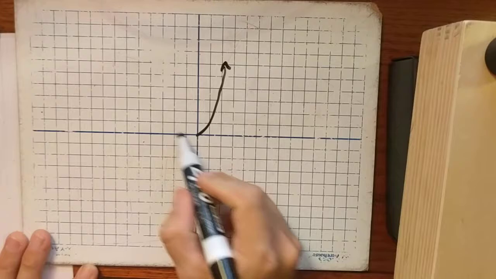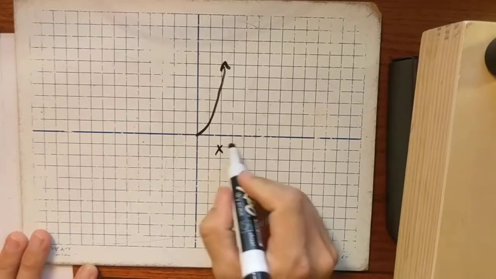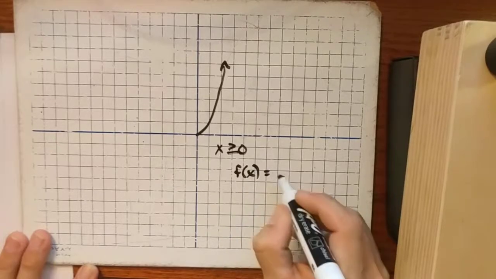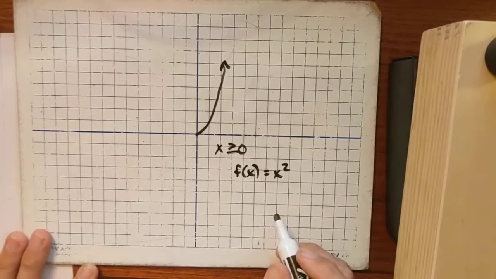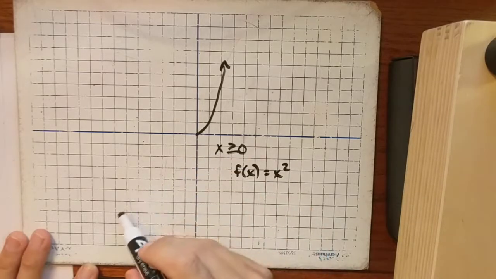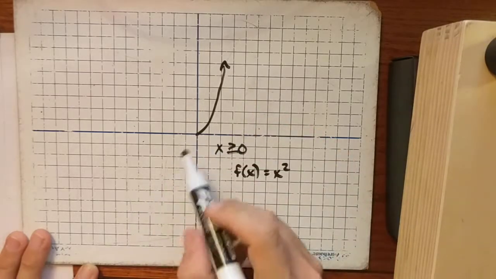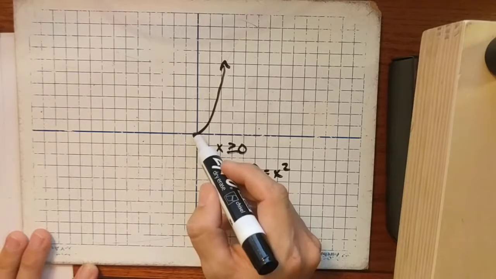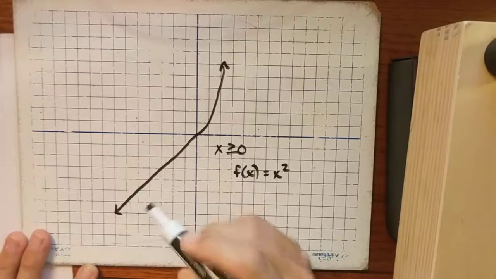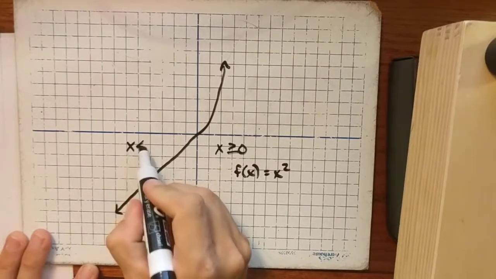But I'm only drawing it on the right side because I want x to be greater than or equal to 0. So here we're going to use the rule f of x is x squared. But I'm going to use y equals x, which is a slanted line that goes through the origin at a 45-degree angle. I'm going to use that line over here when x is strictly less than 0.